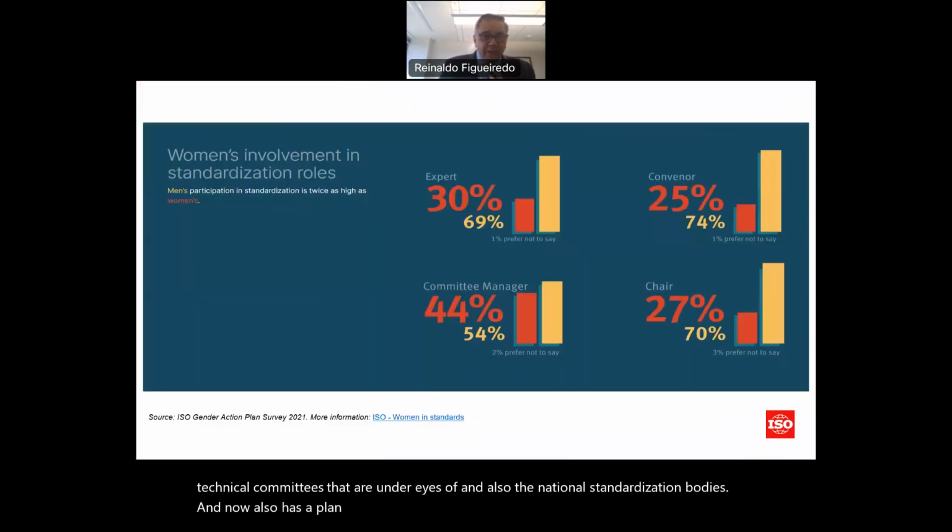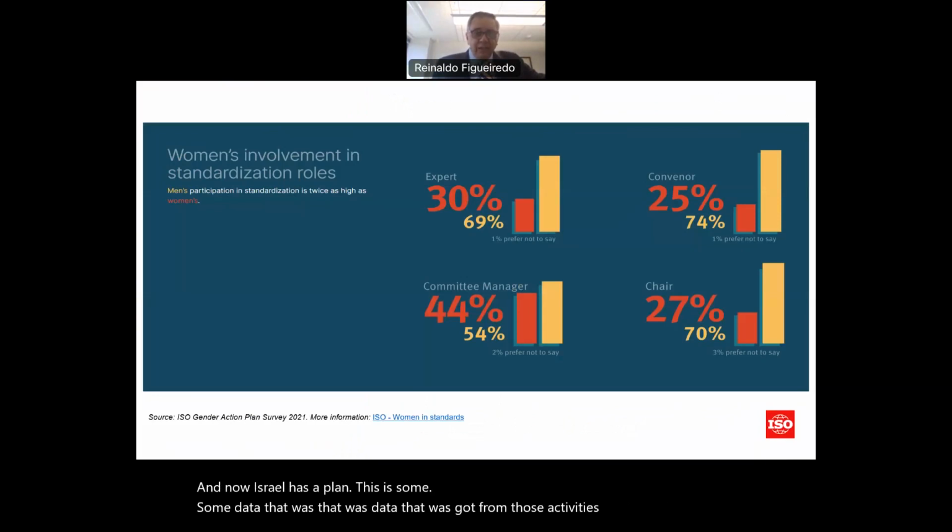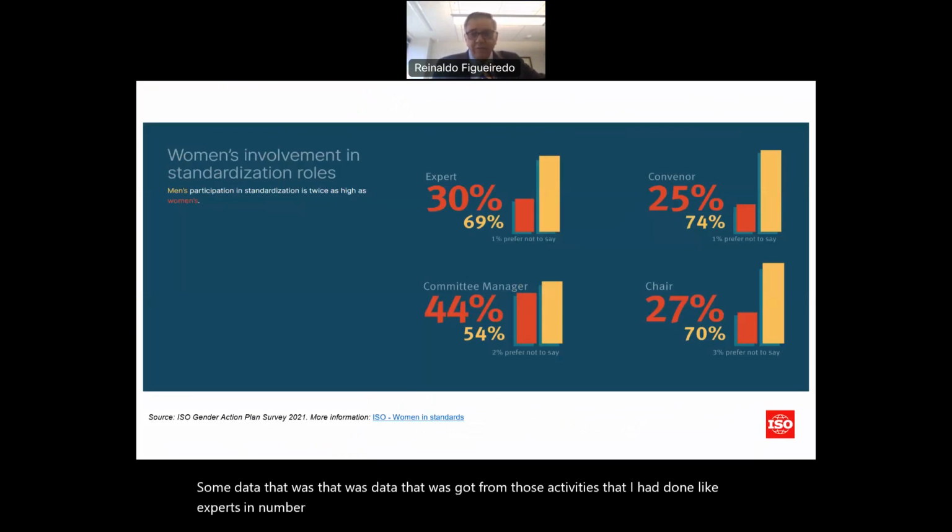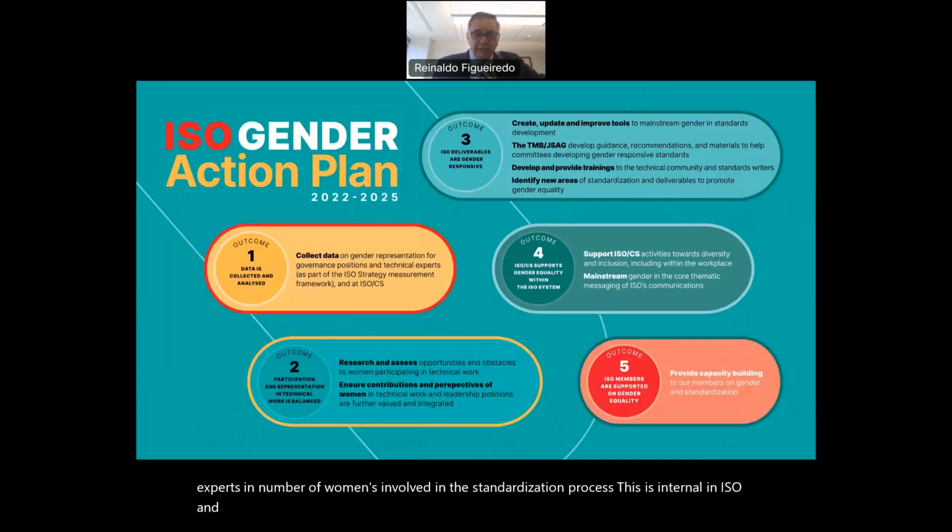This is some data that was gathered from those activities that ISO had done, like the number of women experts involved in the standardization process. This is internal in ISO and also in the national standardization bodies. So in the action plan, there is a part to collect data.